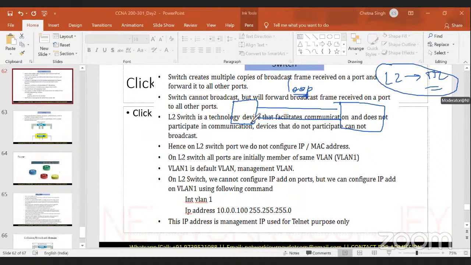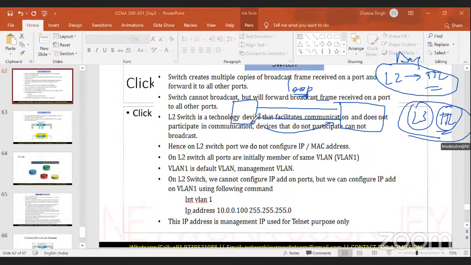These are the most dangerous loops compared with L3 looping, because L3 packets at least have a TTL value. If a packet is moving back and forth, at a certain point the routing loop expires automatically, but that does not happen in the case of switching.